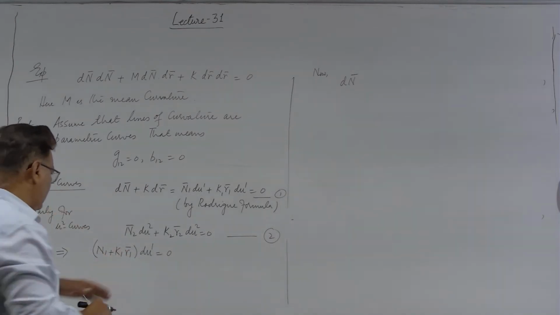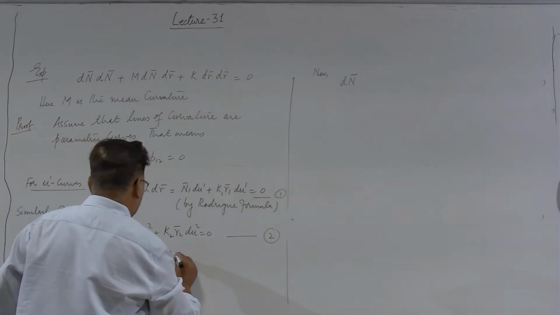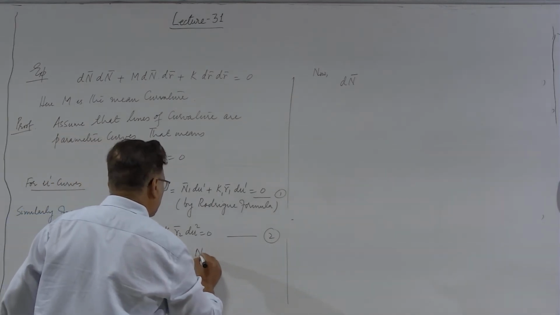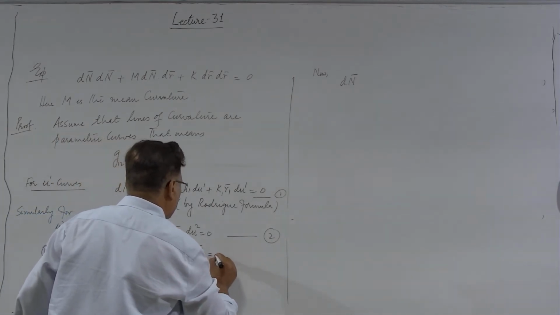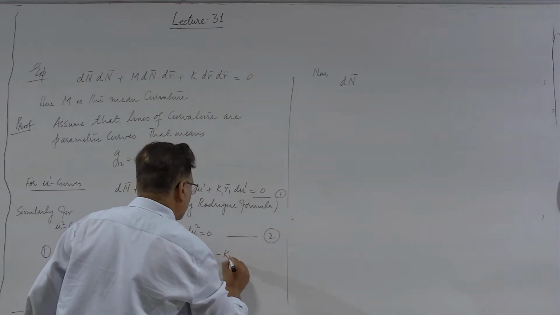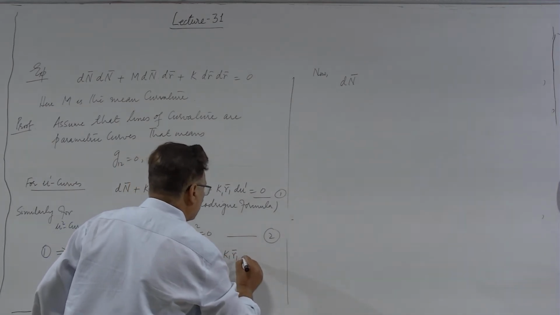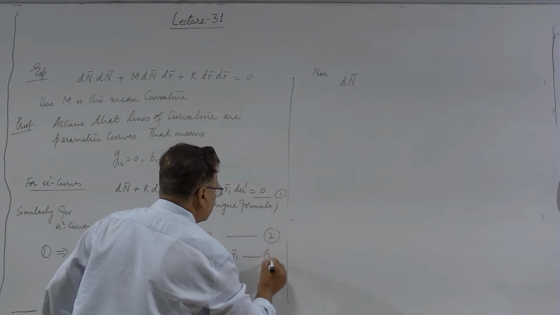So, this fellow is 0. So, from here I will be getting n 1 equal to minus k 1 into r 1. You may call it number 3.